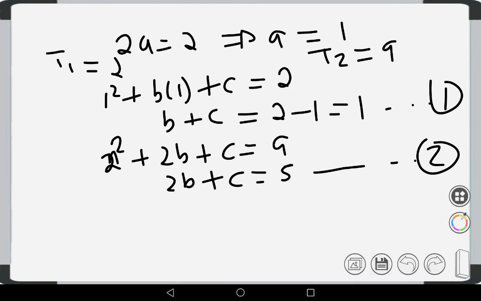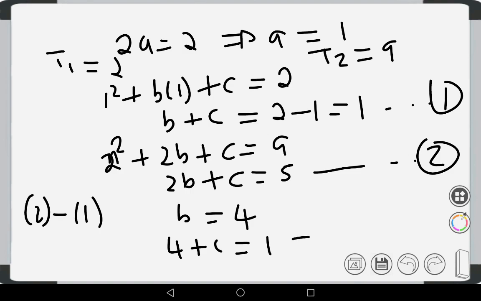Now we subtract equation 1 from equation 2. 2b minus b gives b, c minus c is 0, and 5 minus 1 is 4. You get b equals 4. Then you can substitute b back into either equation. If we substitute, it's 4 plus c equals 1, so c equals minus 3.